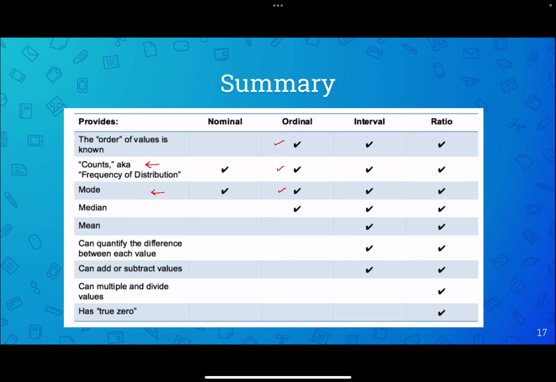We can calculate a mode, and we can calculate a median because we can see how many firsts, seconds, thirds, fourths, and fifths we have, and that makes sense. Interval and ratio variables, you see, we can do a lot of math with them. The only difference is that on a ratio variable, we can multiply and divide the values, and we have a true 0. With the interval variable, we cannot do that.